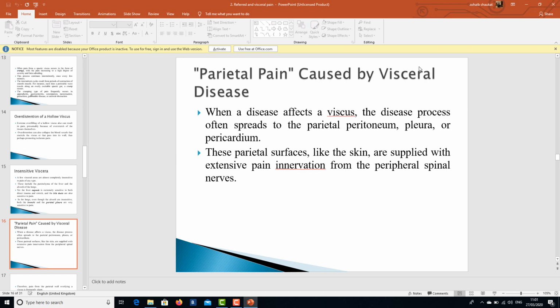So they are going to give us the idea what is actually the exact pathology, where is the exact area of damage which is actually resulting in this pain.